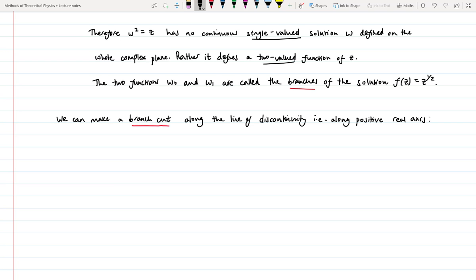I'm now going to plot the domain. Where this is the imaginary part of z, this is the real part of z. We're now going to cut the positive real axis, and I'm going to denote that by a zigzag line.